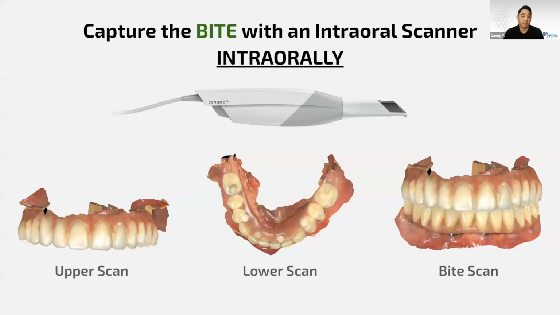Capturing the bite with an intraoral scanner, we want to do this intraorally. So you're going to capture the lower first, usually, at least in the 3Shape Trios workflow, and then you're going to capture the upper, and then you're just going to make sure that you capture the bite. So we always recommend when you're capturing the bite, most scanners will have you do it twice, one on each side.